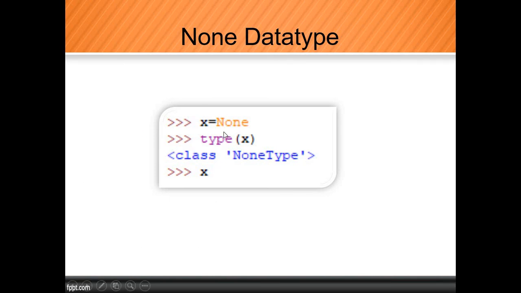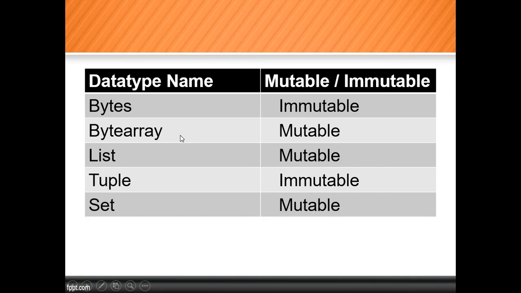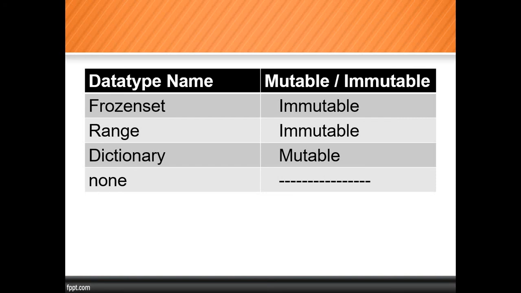This is overall about the data types, and these are the list. So bytes, bytearray, list, we cover all the data types, tuple, set, and here I am giving the concept of mutability and immutability. Just try to check what data types we learned. There are total 14 data types: frozenset, range, dictionary, and for none there is no data type as such. Don't worry about that.